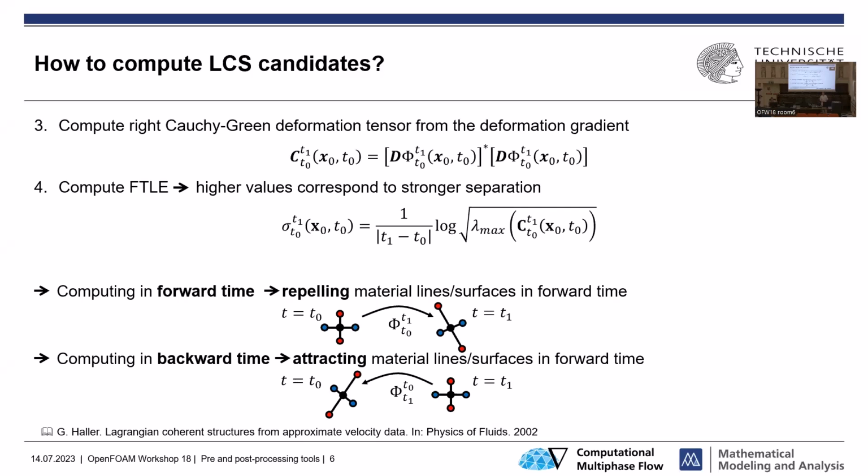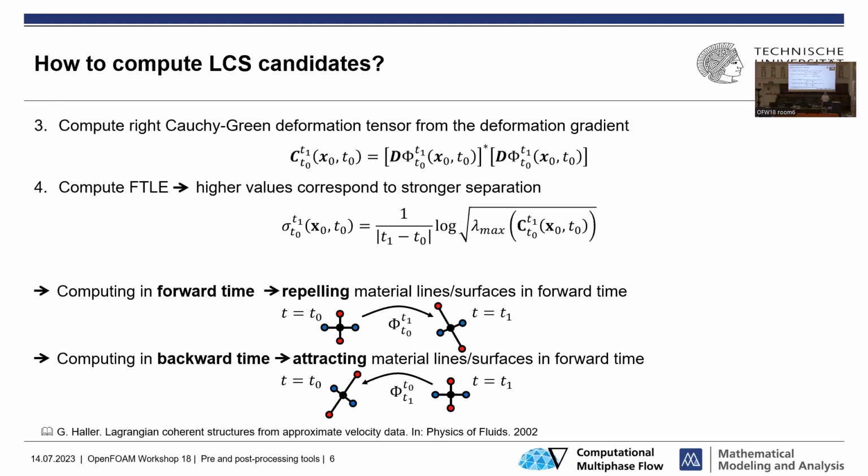So if you compute them in forward time, you get material lines. You compute those maximum eigenvalues, then scale them with this logarithmic expression and use the reciprocal of your integration time.